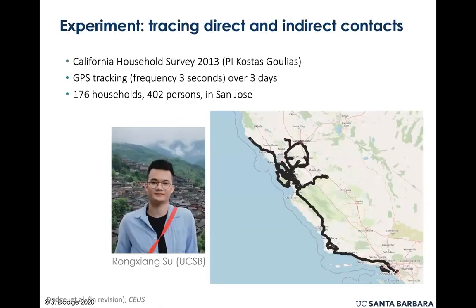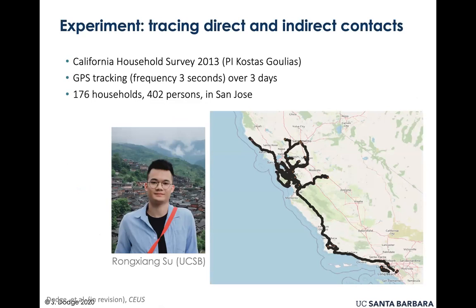In order to test our study, the tool was developed for tiger and leopard interaction, but since the COVID pandemic, we thought it would be nice to look at human interaction using GPS tracking data.